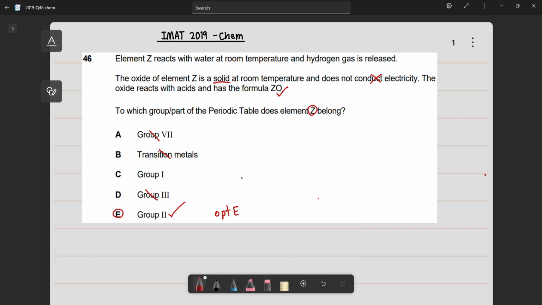We already know the periodic table is not allowed for the IMAT, but you don't even need it for this question. Just focus on the group they belong to. If they say group 3 or group 2, you know their valence electrons correspond to the group they belong to. That's how you can easily solve this question.